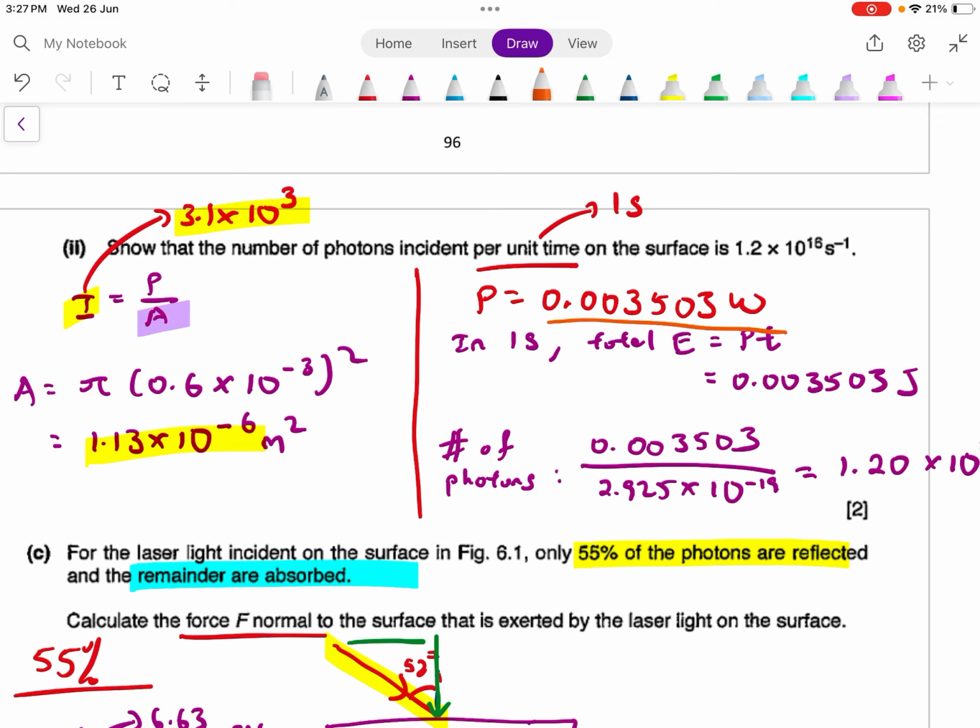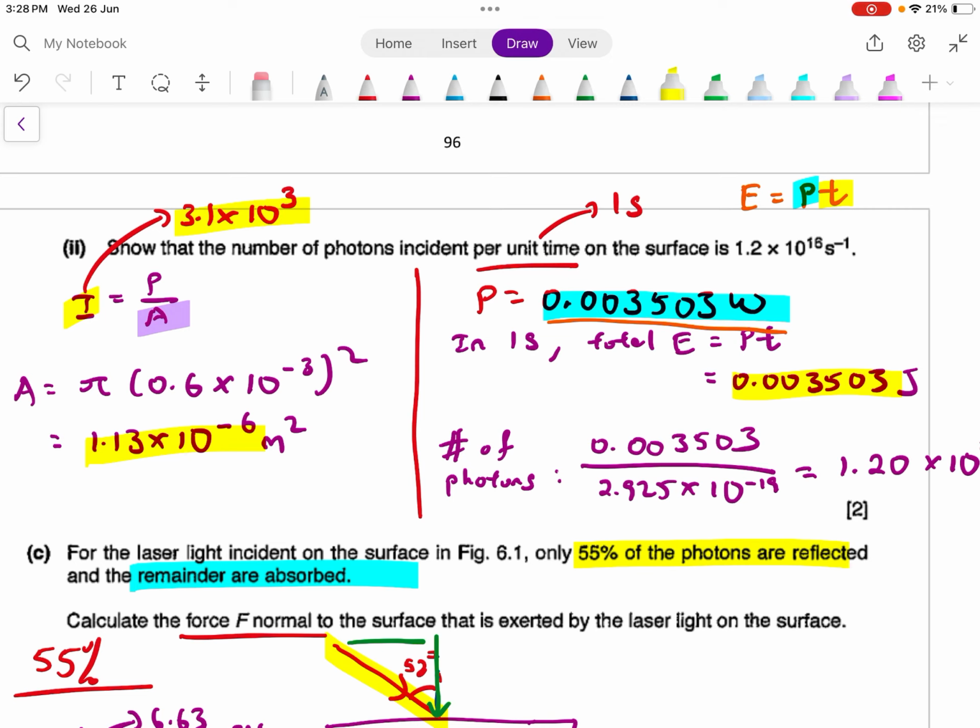0.003503 watts. Then you determine the total energy in 1 second using energy equals power times time. You have the power, and the time is 1 second. So you do the calculation, and you should have a total energy in 1 second of 0.003503 joules.